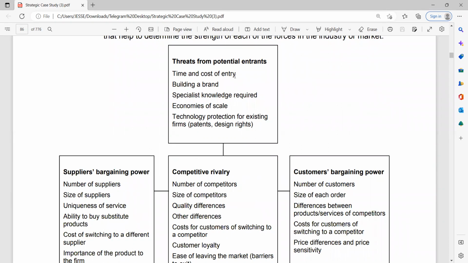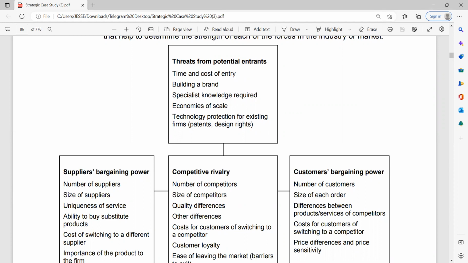If the time taken is very long, competition reduces. If the cost is high, competition reduces because people will not be likely to enter the industry.